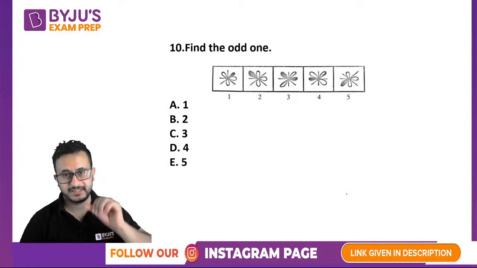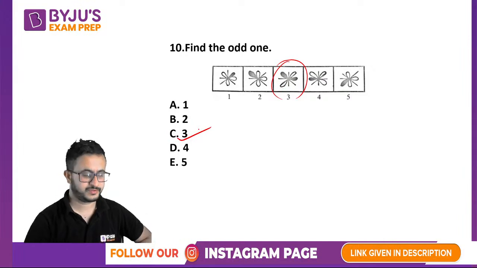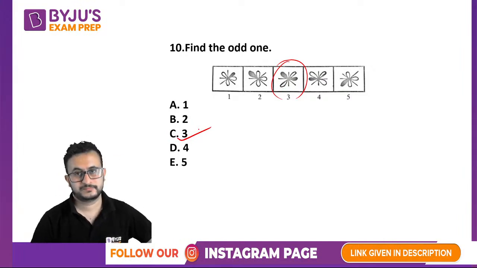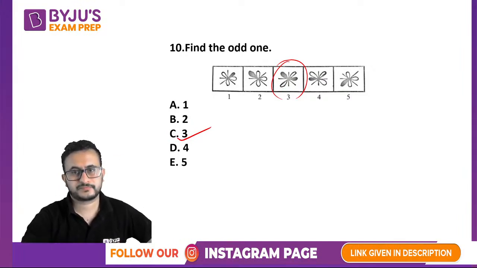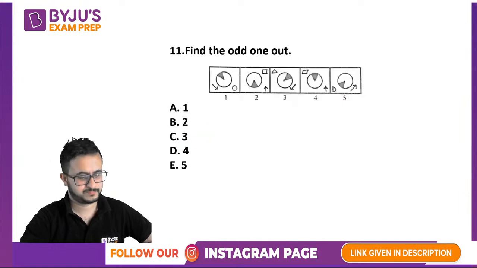Easy to find the odd one. See, there you go. In all the others, three are white, one is shaded. Right? In this case, there are two shaded. So clearly the odd one out. But yes, sometimes odd one out can have different logics also.